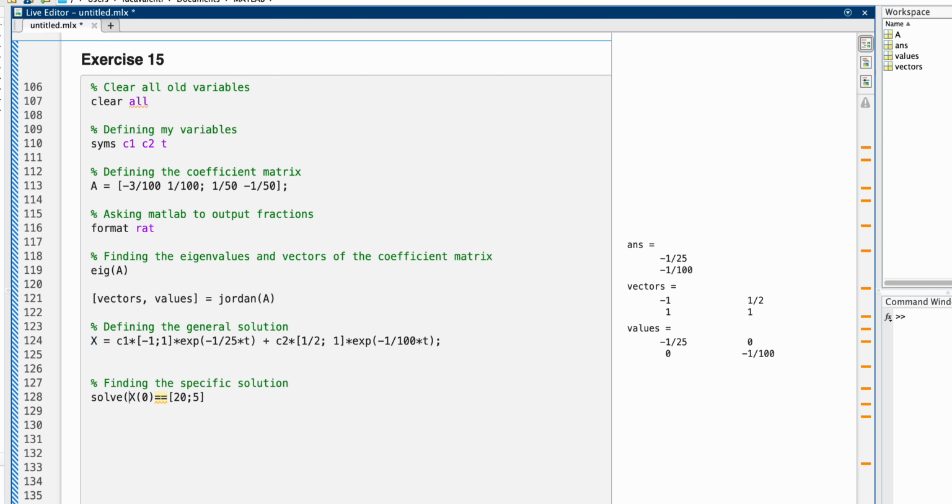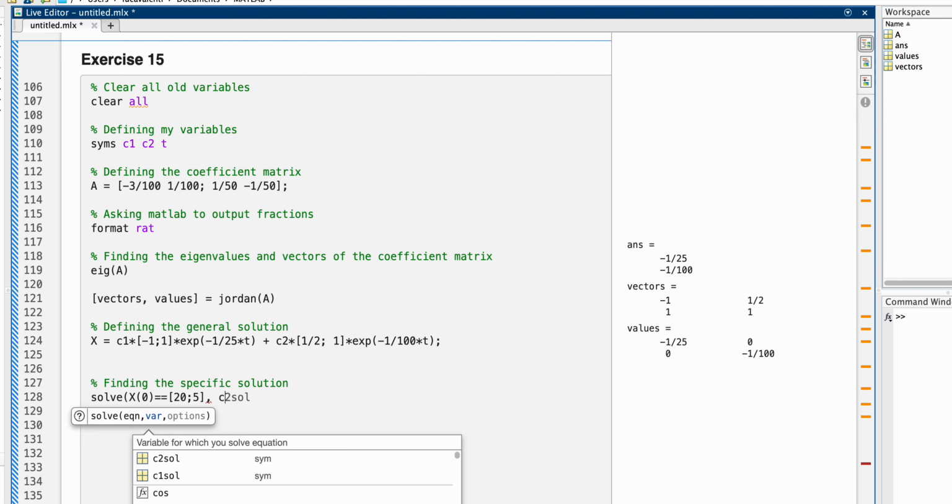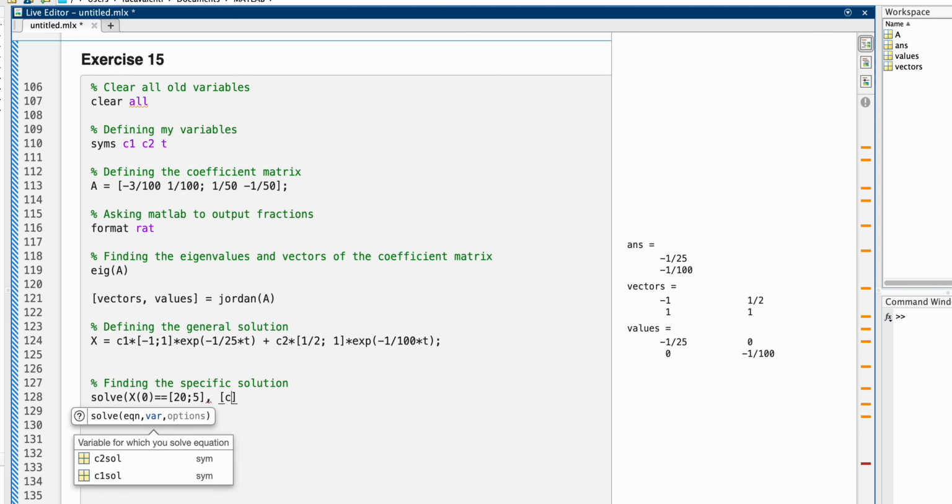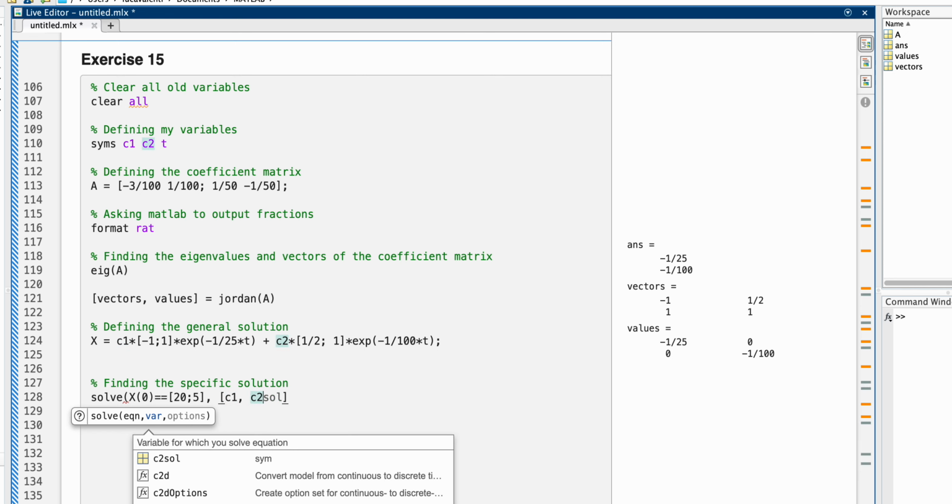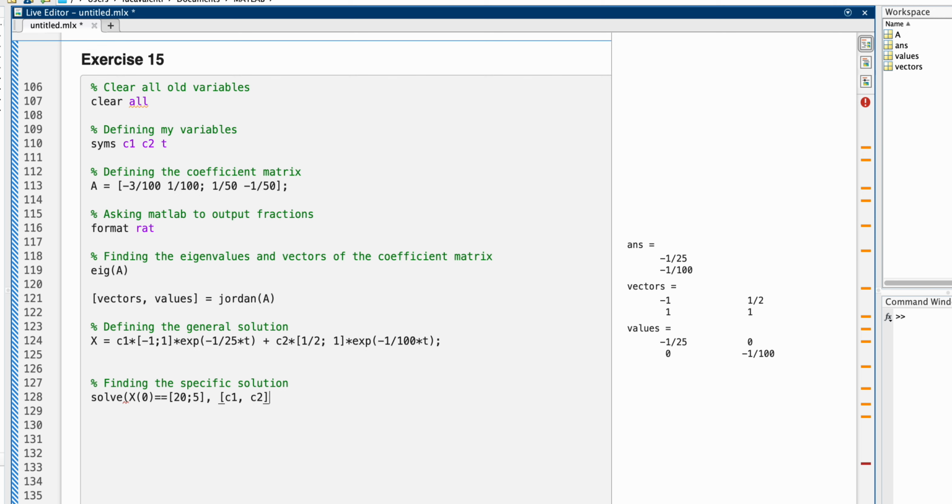And we can use the solve function here. The first arguments are whatever the functions you want to solve, the equations that you want to solve. The second argument is the variables that you want to solve for. In this case, you want to solve for C1 and C2. And then the third ones are optionals.